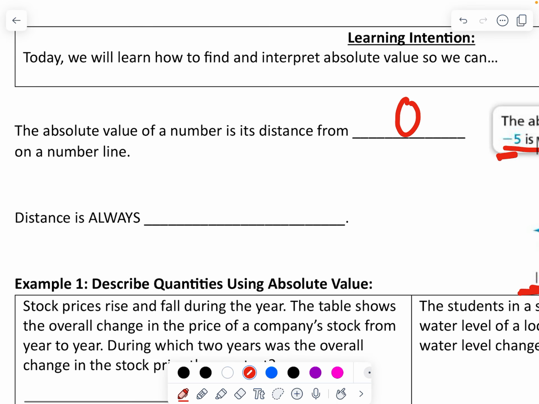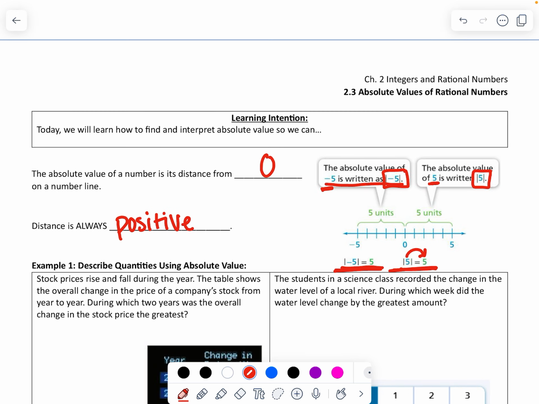Because distance is always positive. So like I said, we don't say, oh, we're -10 feet from something, or you need to stand -4 feet away from me. It's always just stand 4 feet away, or we're 10 feet from there, 7 miles. Distance is always positive. Okay?